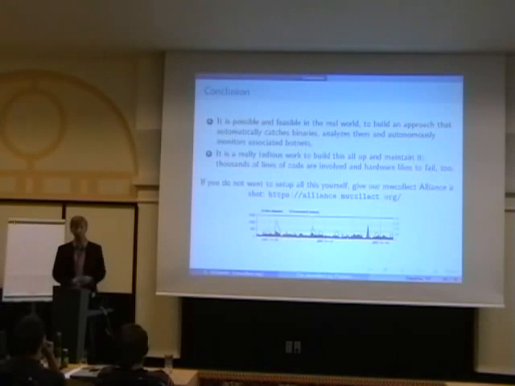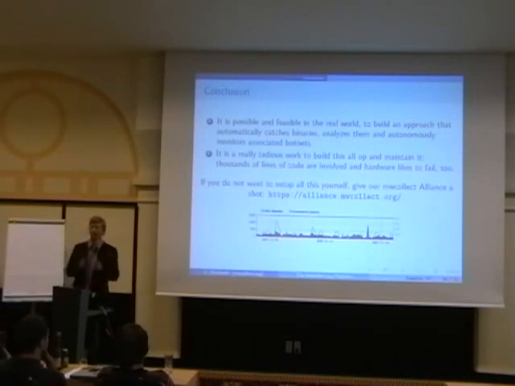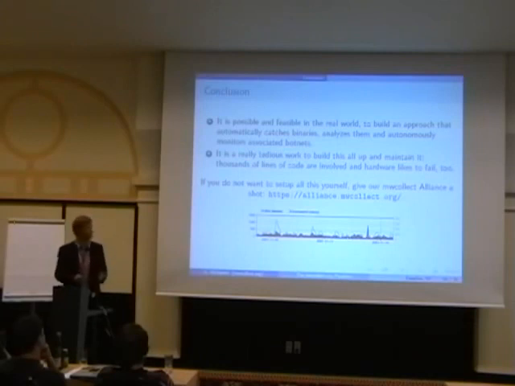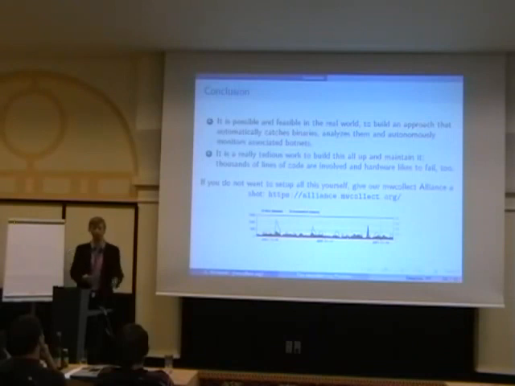And the second conclusion is that building up that setup and maintaining it and all that kind of stuff is a shitload of work. It's easy to put all this software together in a way that doesn't work at all. And if you don't want to go through all the hassles we went through in the last 2 years, you can just give the MW Collect Alliance a shot, which I was talking about earlier, because everyone is free to join.